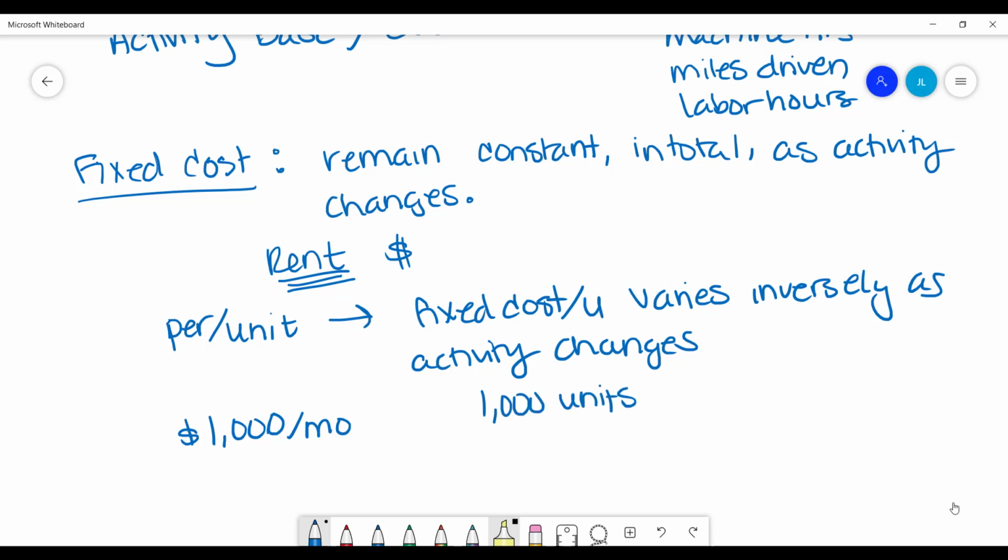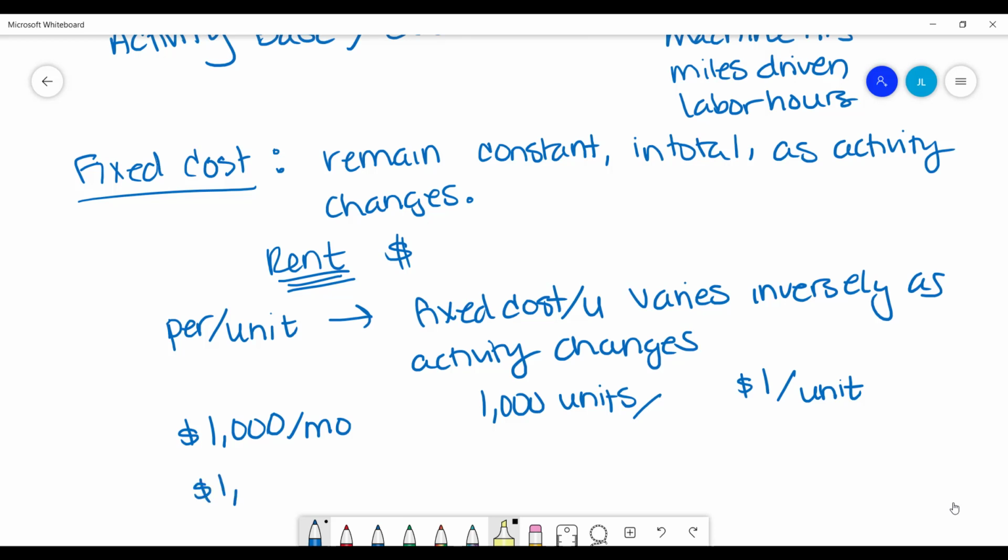What is my cost of rent per unit? What's that fixed cost of rent per unit if I make 1,000 units? Well, 1,000 divided by 1,000. That comes out to $1 of rent cost per unit of product. Basically, I spread out that rent cost of $1,000 amongst 1,000 units of production.